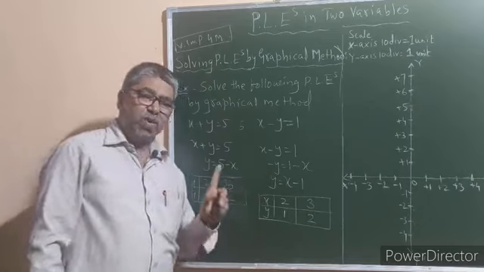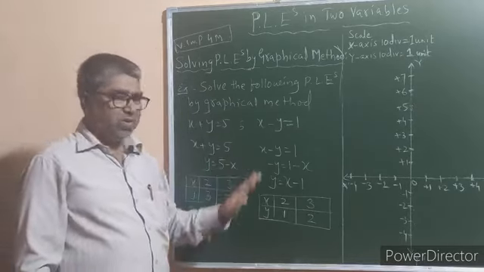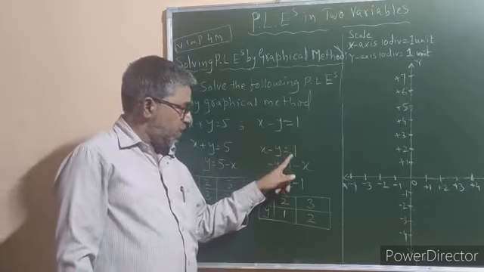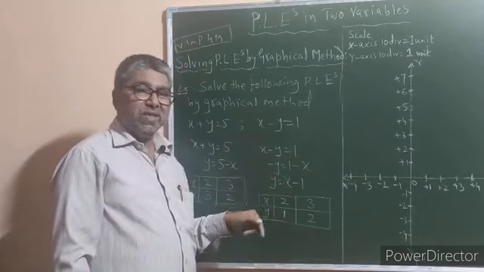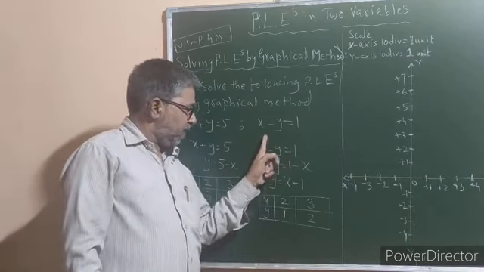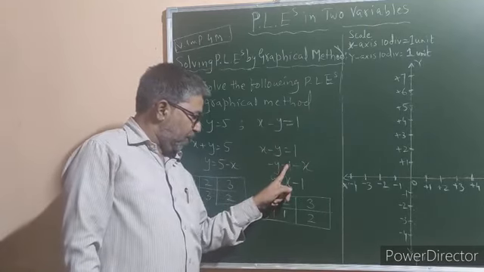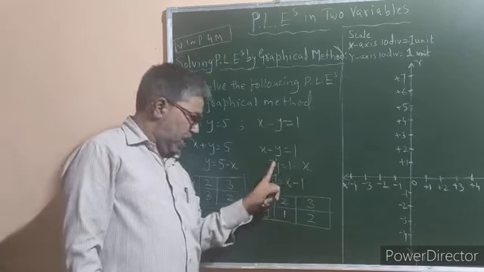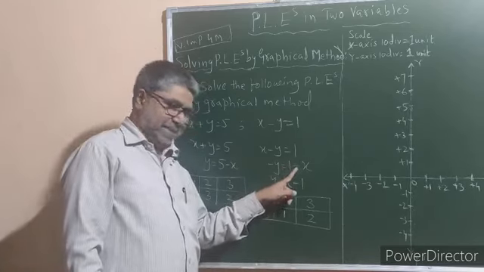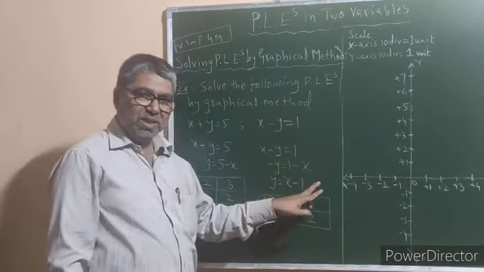Now this is the table for the values of x and y for the first equation. Similarly for the second equation also let us have the table. x minus y is equal to 1, bring it to the standard form: minus y is equal to 1 minus x, therefore y is equal to minus 1 plus x, and minus 1 plus x is nothing but x minus 1.